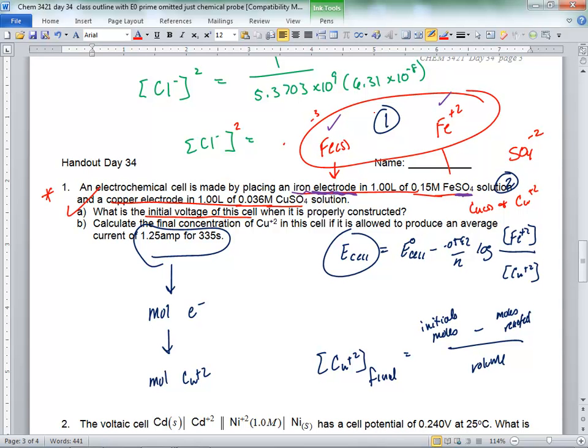Yeah, the concentration at the beginning. Volume, that'll be 0.036. That will be from right here: 1 liter times 0.036 moles per liter. How do you get the moles reacted? That's from over here, that guy.